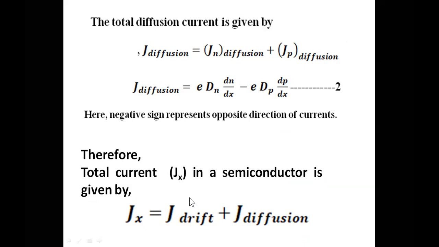In drift we have contributions due to electrons and holes, and in diffusion also due to electrons and holes. We substitute equation 1 and equation 2 in Jx, which is the total current resulting along the x-axis in a semiconductor, given by J drift plus J diffusion. We will get the total current density.